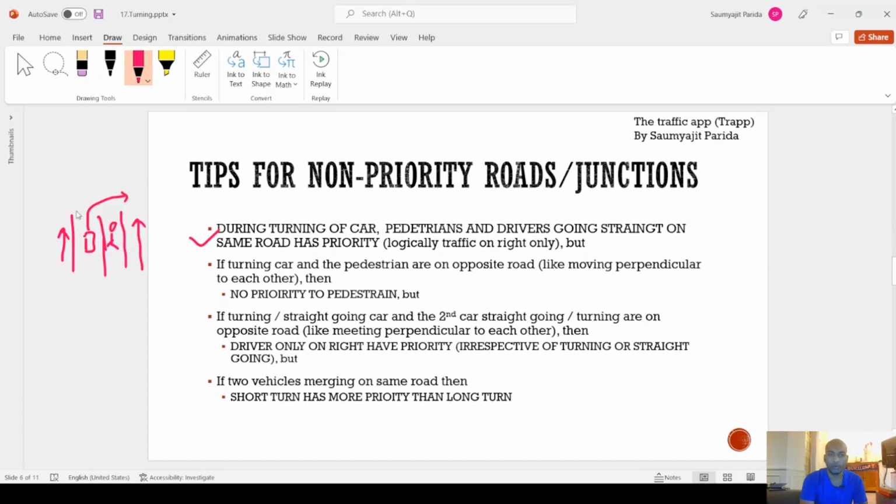Both are in the same direction, going parallel to each other, but the car is going to take a turn. So here the car has to wait for the pedestrian to cross, then only it can take a right turn.